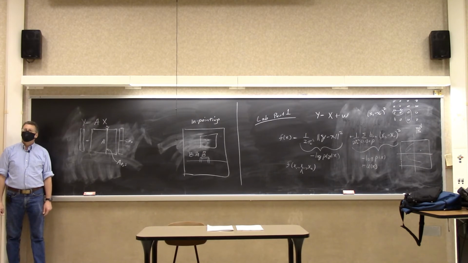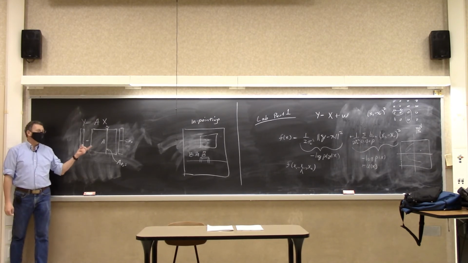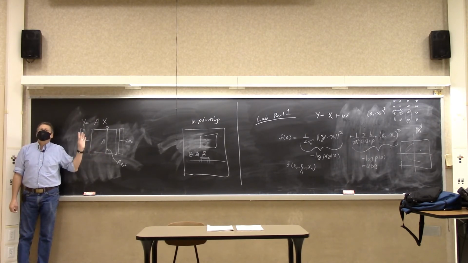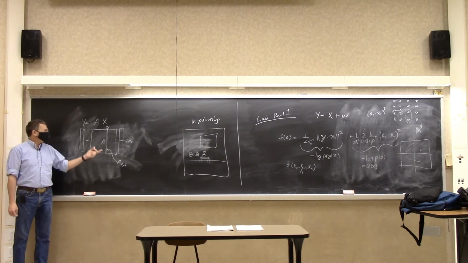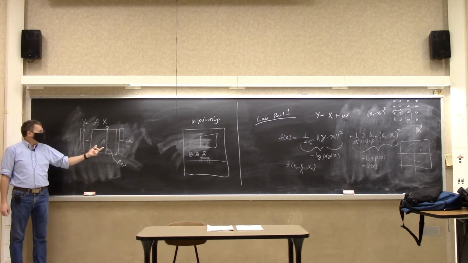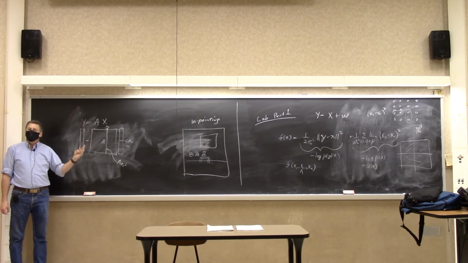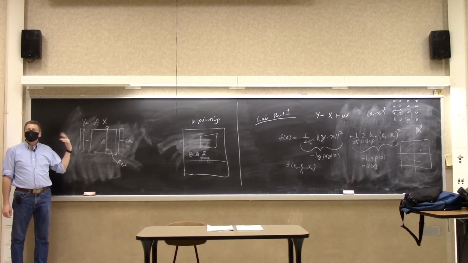Does that help? Now, here's the thing you have to be careful about. What you might do in your zeal to complete the lab is go into MATLAB or whatever and try to actually store this matrix A. Bad idea. This is just a concept.